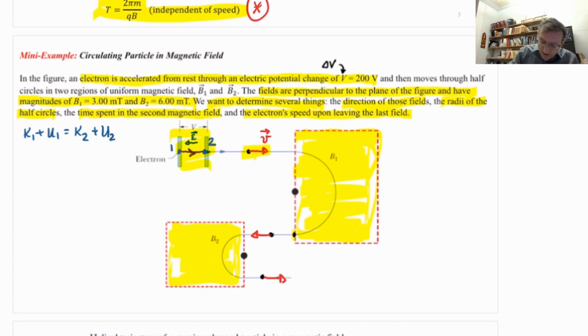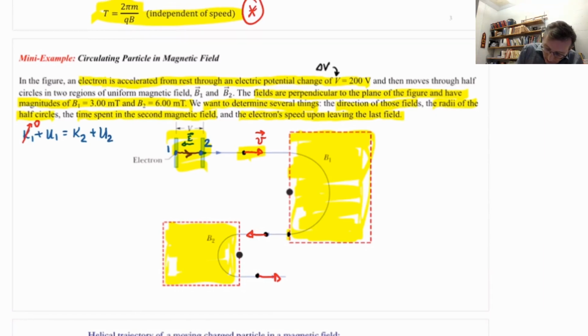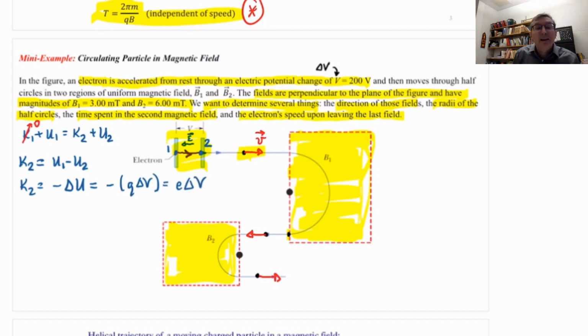It starts from rest, so the initial kinetic energy is 0. And I want the kinetic energy at the end, so I want K2. So K2 is, I'm just rearranging the formula, U1 minus U2. That's negative delta U, negative change in the potential energy. And the particle's charge is negative little e, so this is negative, I'll write it like this, Q delta V, but the Q for an electron is negative little e, so I just get that little formula.